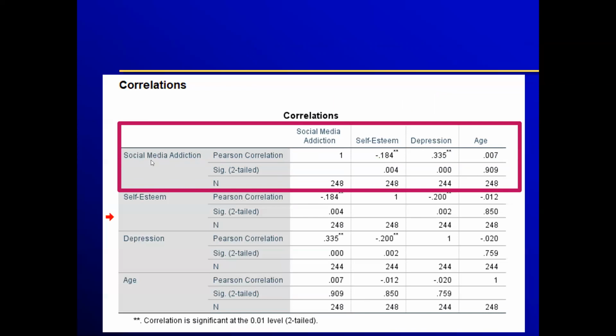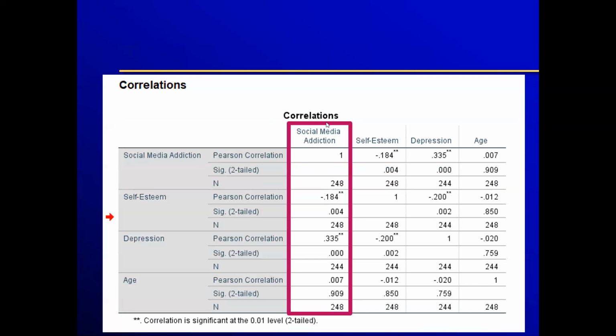I could see the correlation between social media and self-esteem, social media and depression, social media and age, in individual boxes. But I could also do it vertically. It's the same exact numbers. I could look at social media addiction and self-esteem, social media addiction and depression, social media addiction and age. So it's both horizontal and vertical.